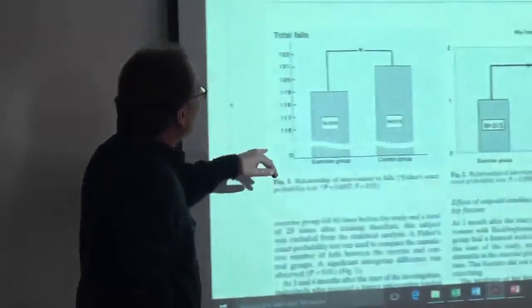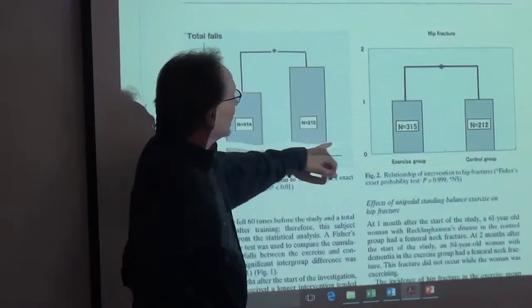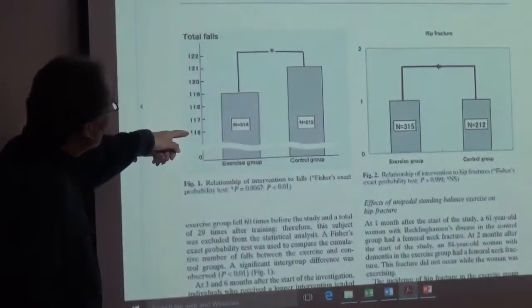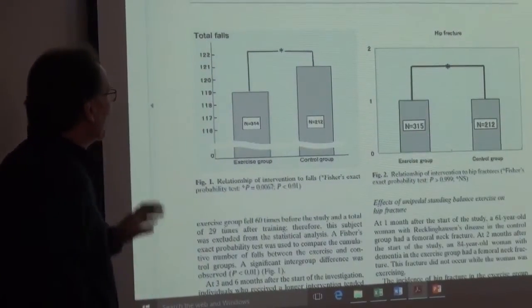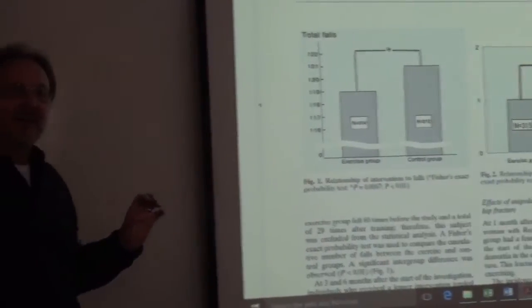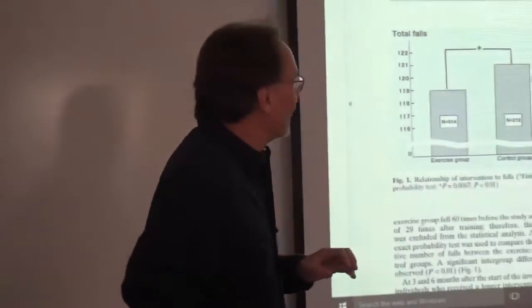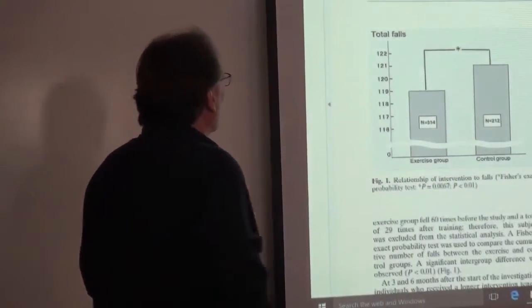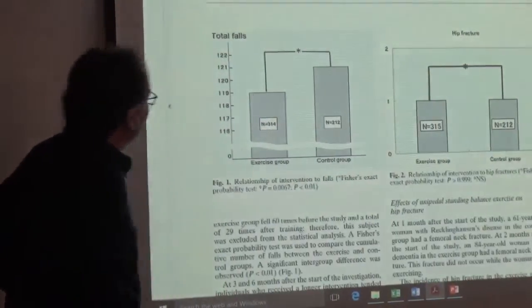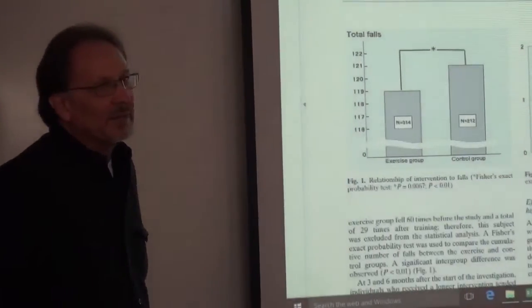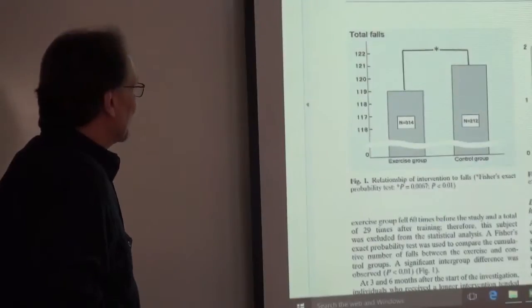And even though you're really not supposed to do this, they make it very clear that they kept this off and started at 116. So they try to make it real clear. I don't think it distorts the data, even though it's not the preferred way to display data. But they came up with an apparent significant reduction in their exercise group.